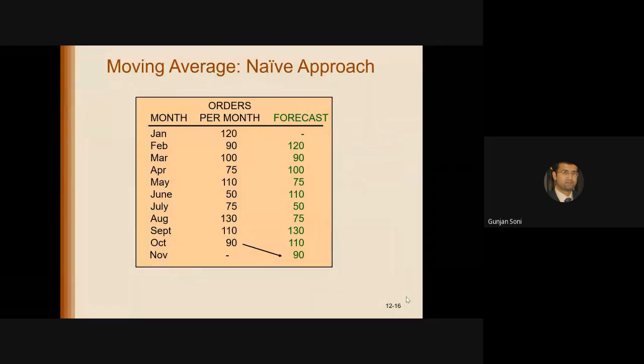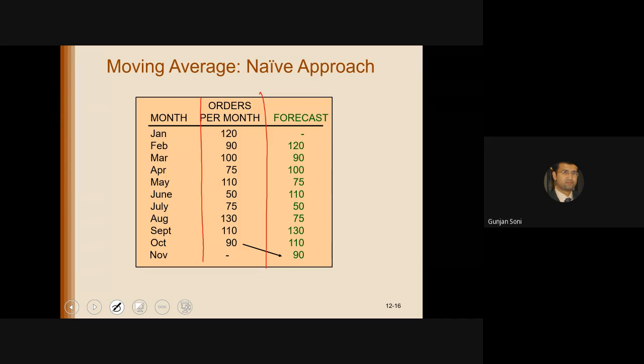So let's say we have this demand data available with us for last year, and orders per month are given. You can see that the orders per month are already given for the last year. And in the naive approach, naive means that it is too simple and not that intelligent.